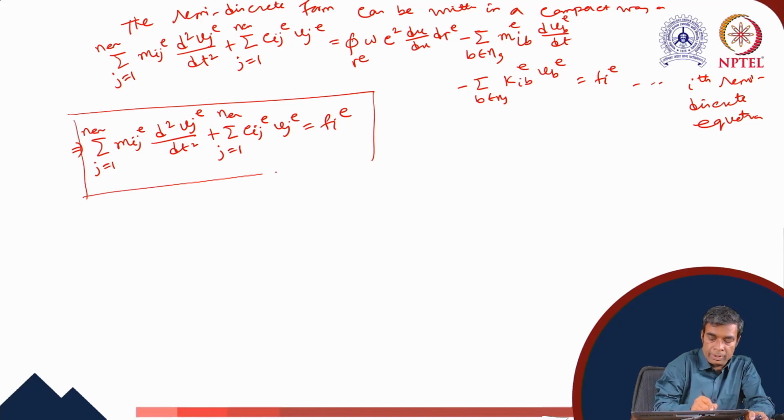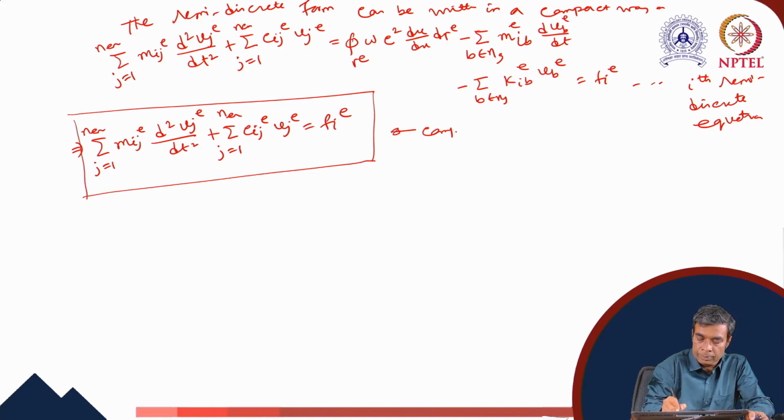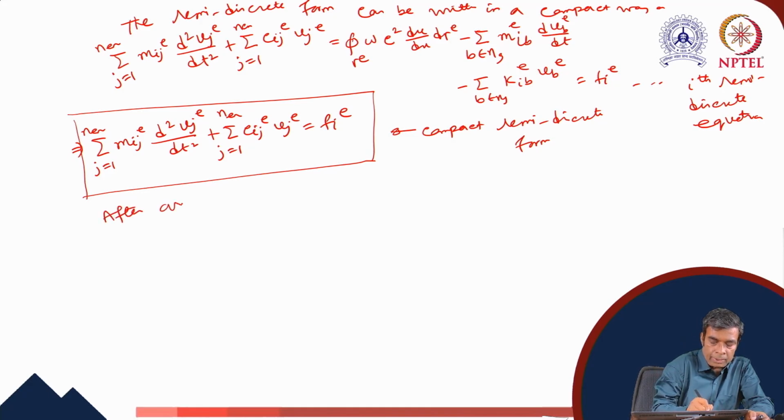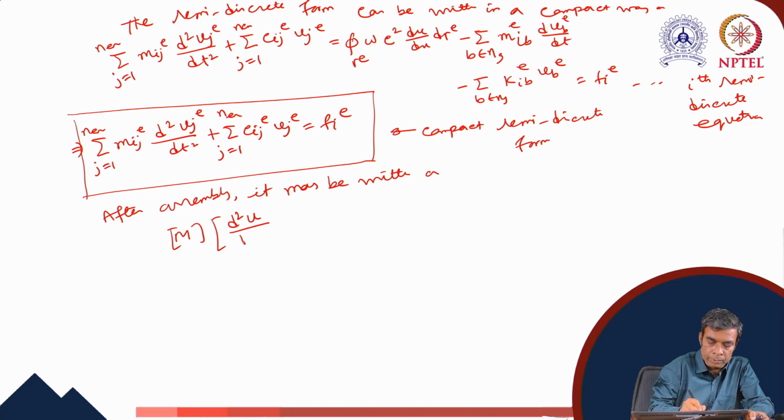This is the compact semi-discrete form, which after assembly may be written as M d2u dt2 plus C u equals to f. So this is consistent mass matrix.